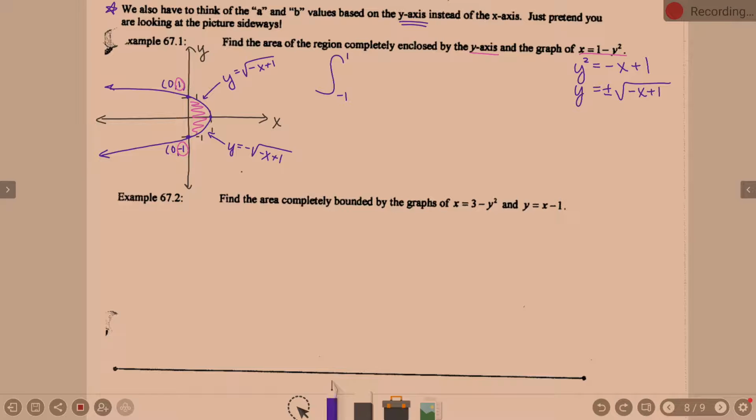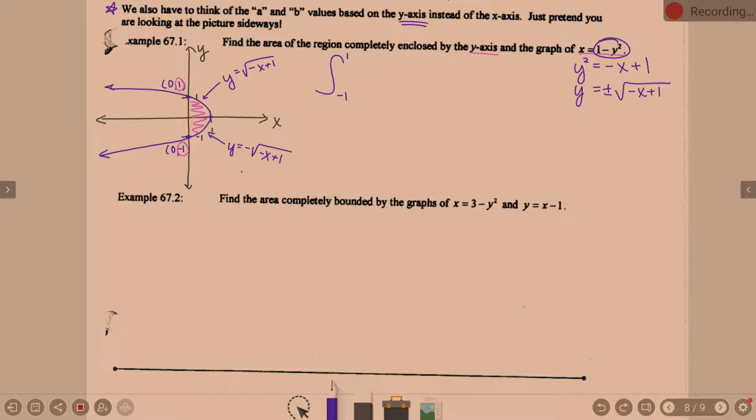My right curve is the bottom of the parabola, which is 1 minus y squared, correct? That is the right curve. What's the left curve? Because that's all Ross integrated there, was 1 minus y squared. What is that left curve? The y-axis, right? The y-axis.